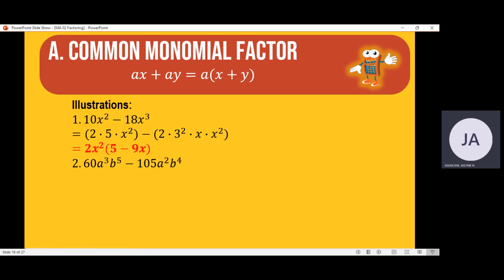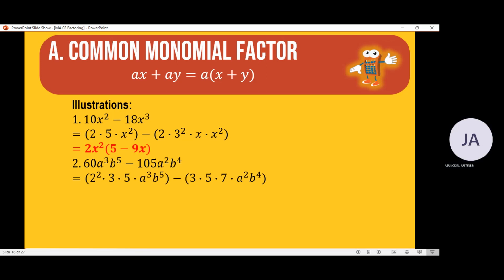As you can see here, we need to express again 60 and 105 using the prime factorization. So we have 2 times 2, or 2 squared, times 3 times 5 for 60. And then for 105, that's 3 times 5 times 7. Now we have the common monomial factor as 3 times 5, and we have here a squared and b raised to 4.